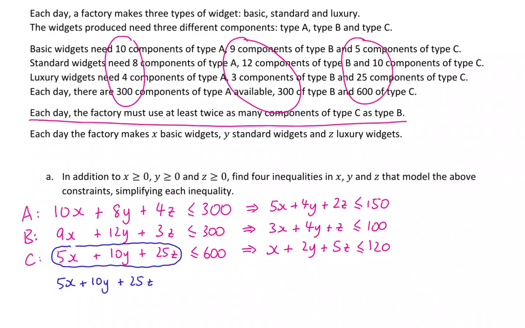to be at least, so greater than or equal to, twice as many components as type B. Now, type B is given to me by this. This is the total number of components I need for type B. So 9x plus 12y plus 3z.